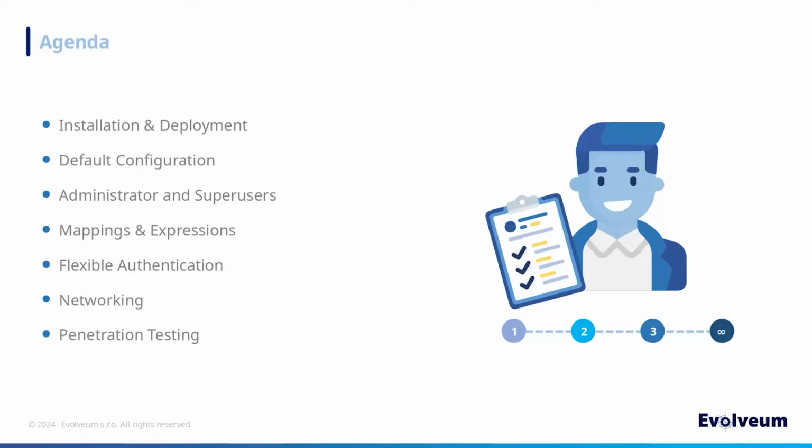We will move to the expression and mappings and continue with flexible authentication and some potential security issues related to various modules in flexible authentication. We will also touch the networking configuration and HTTPS proxy. And finally, we will talk about the penetration testing, which was done for the MidPoint 4.8, and security fixes which resulted from that.